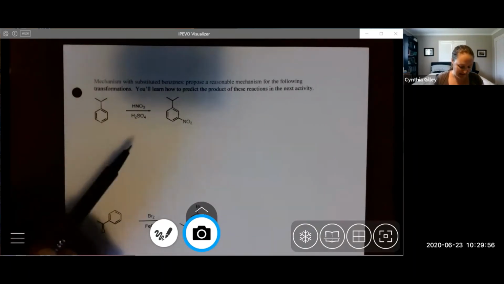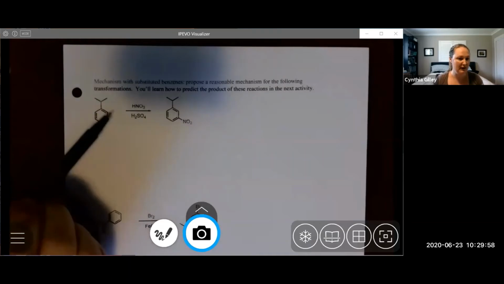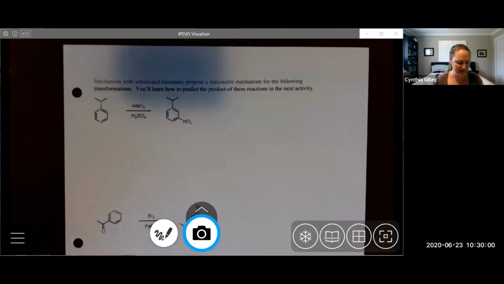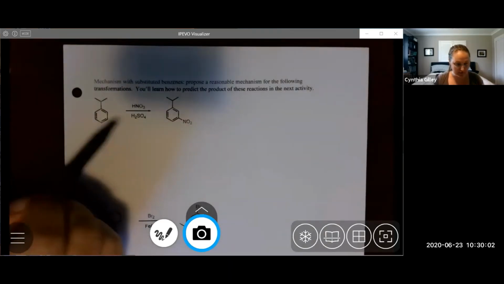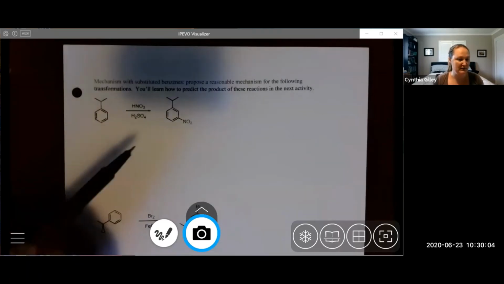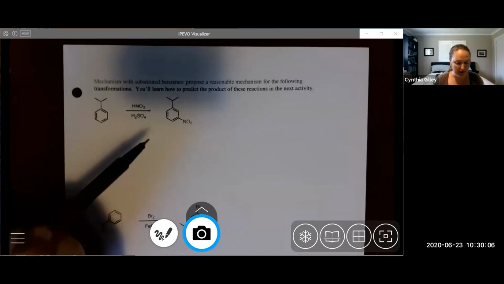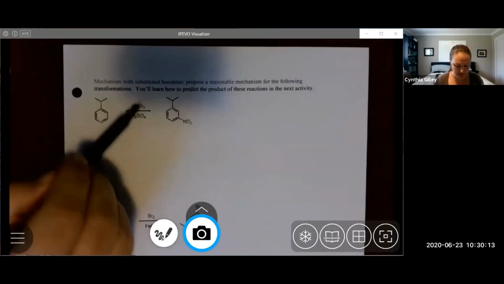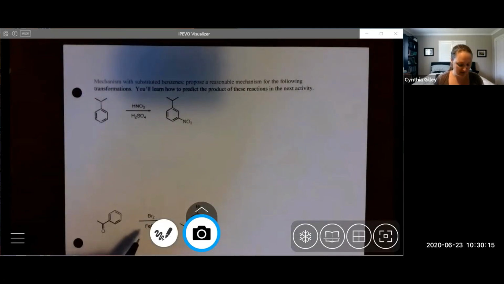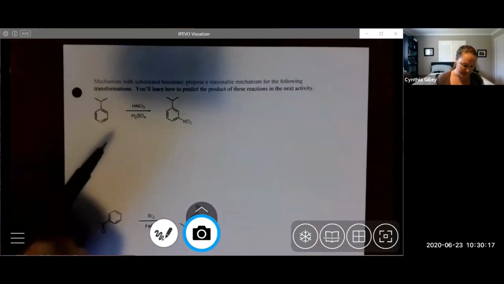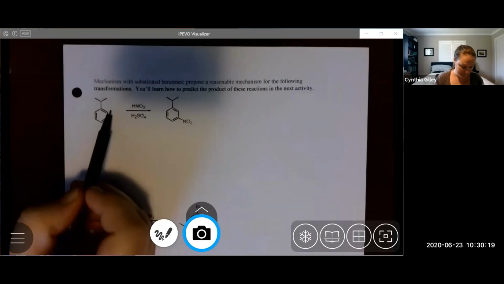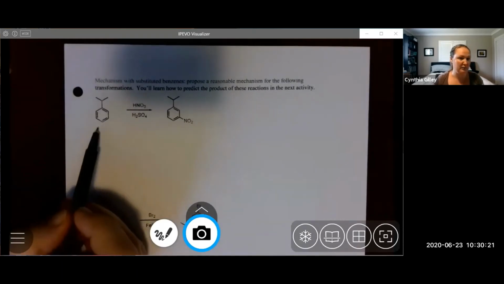We can still add a nitro group or any of the other groups to a ring, even if it already has one or more substituents. A big part of the next activity is going to be figuring out where does it go. Okay, where does the nitro go, or the incoming electrophile, where does it go on the ring? Because if you put it here versus here versus here, they're all different products.